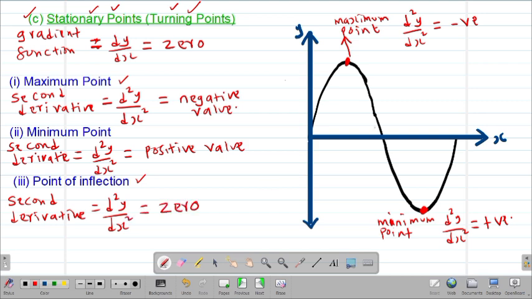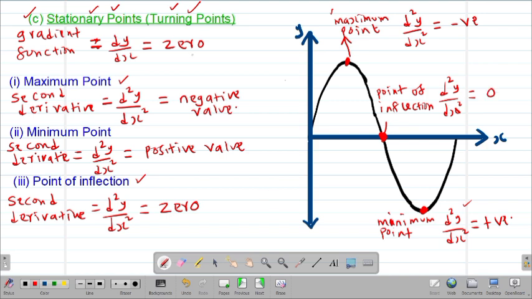On our curve, this is the point of inflection. Remember, a point of inflection will always separate the maximum point and the minimum point of a given curve. So at this particular point, the second derivative, d squared y over dx squared, will always give you 0.